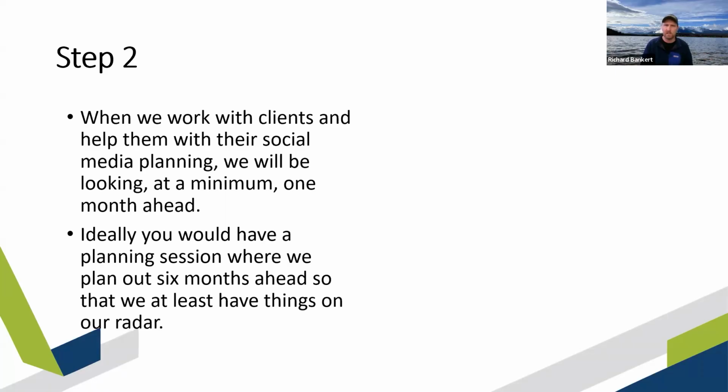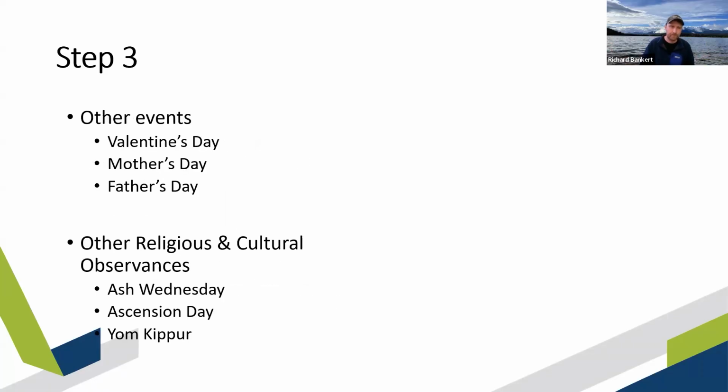It's not always the easiest. If you're using multiple platforms, then you can use a free tool like Buffer. Ideally, you want to have a planning session where we plan out like 6 months ahead. So at least you have some things on your radar and you're creating a bit of a sales and marketing strategy, and understanding that it ties into your overall marketing strategy.